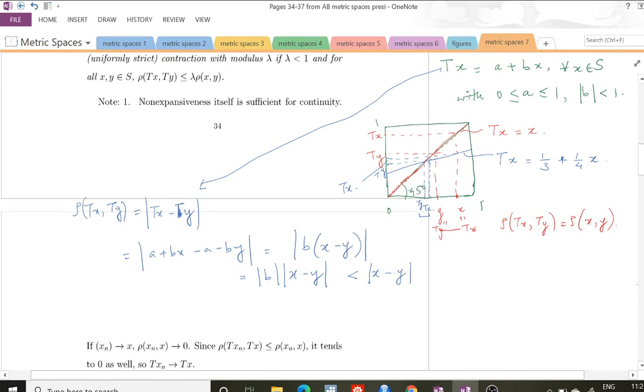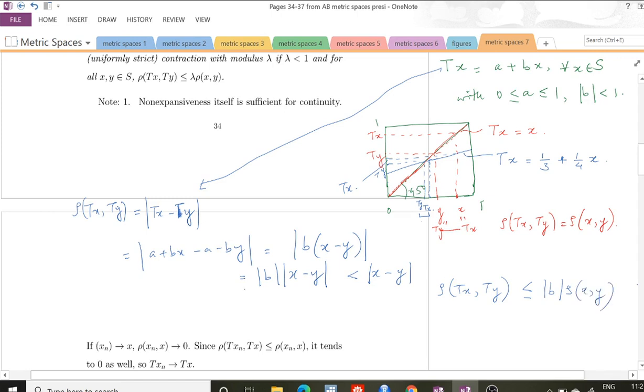But notice also that what we have here in this example is a strict contraction whenever the absolute value of b is strictly less than 1, right? But we also have that this satisfies rho(Tx, Ty) is less than or equal to absolute value b times rho(x, y), yeah?